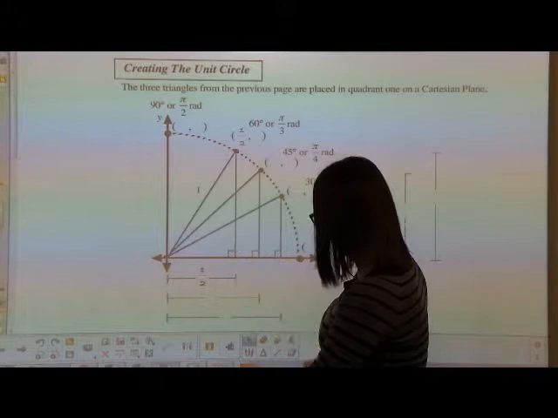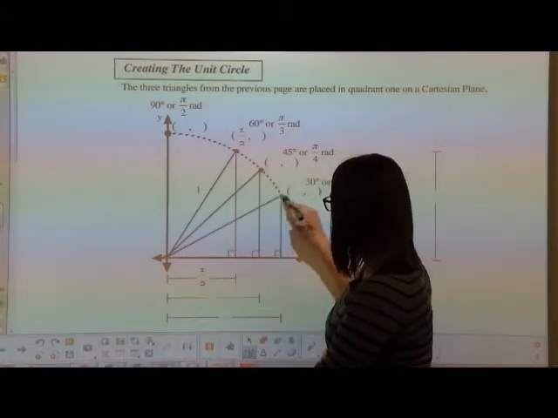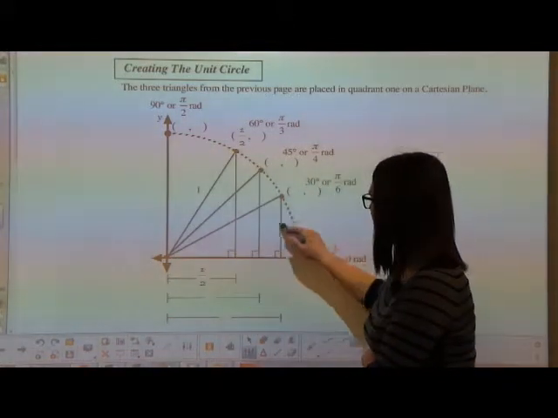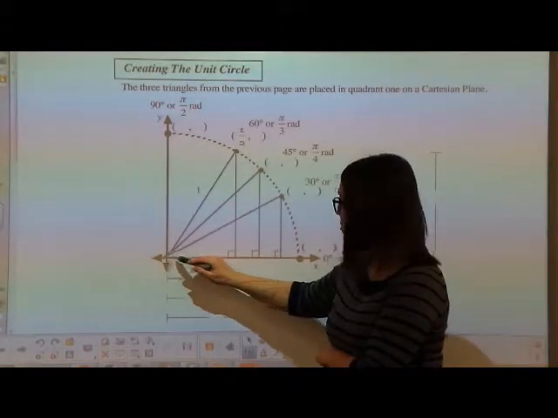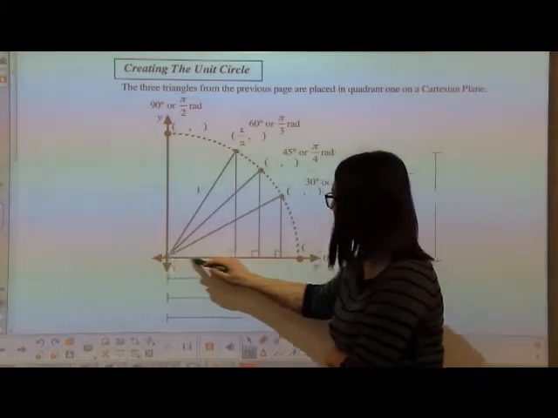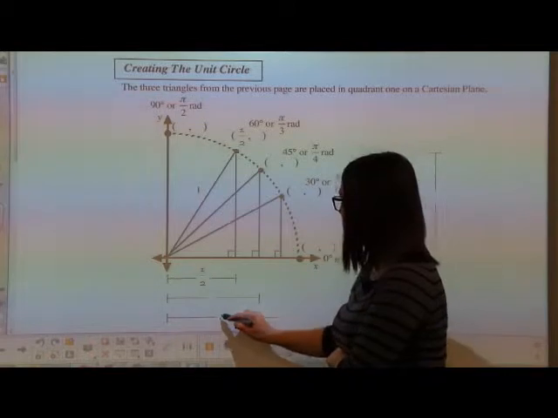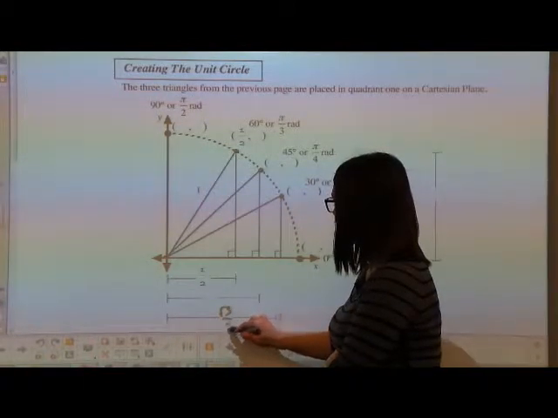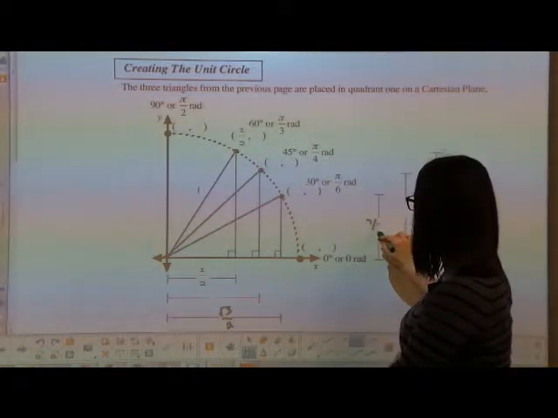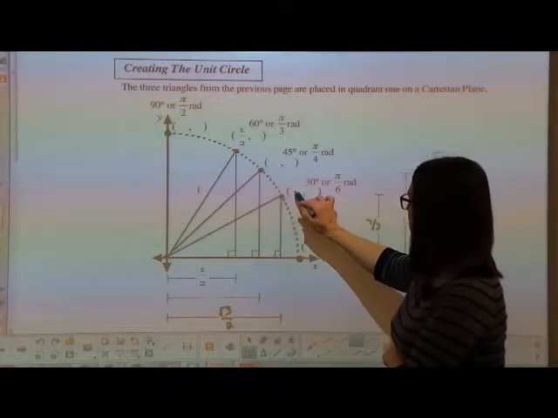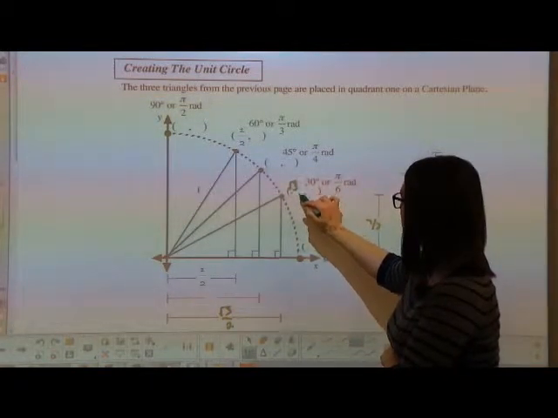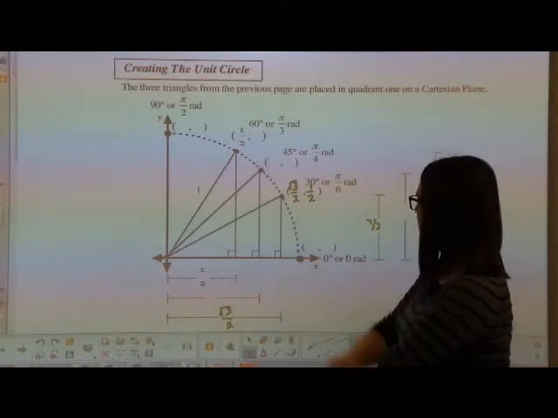So if I take my first triangle, I'm going to take this one right here. That was my 30-degree triangle. And if you remember in the 30-degree triangle, the value of x was root 3 over 2, and the value of y was 1/2. So this point here would be root 3 over 2 and 1/2.